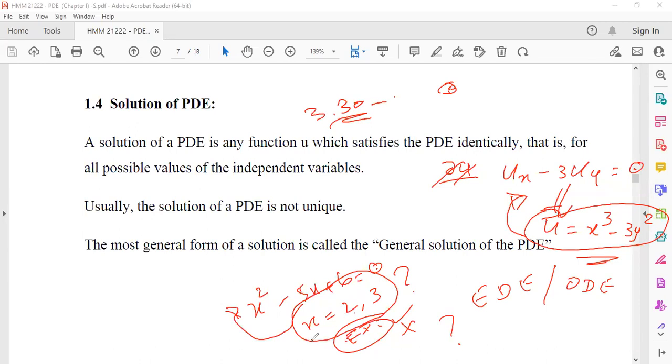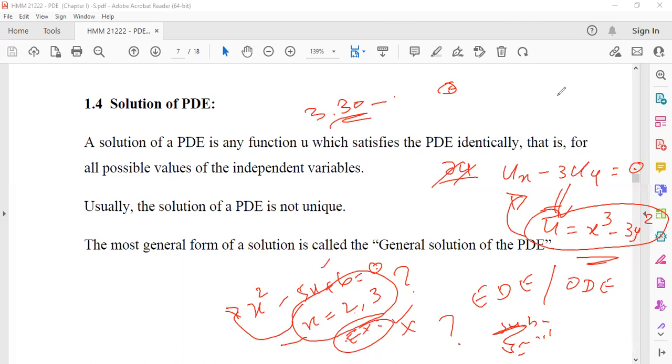Using this answer, how can we check whether it is correct or not? We can also call it substituting or verifying. So we can verify by substituting.